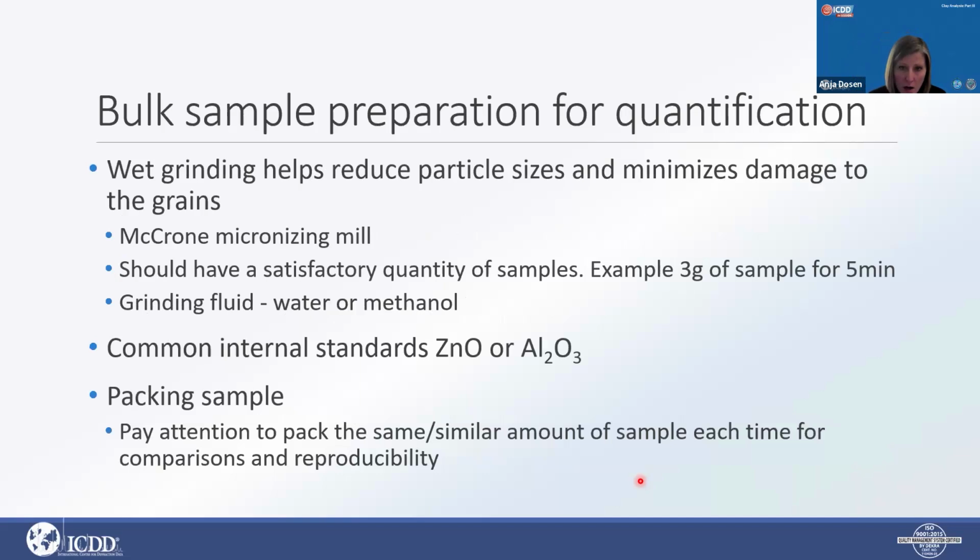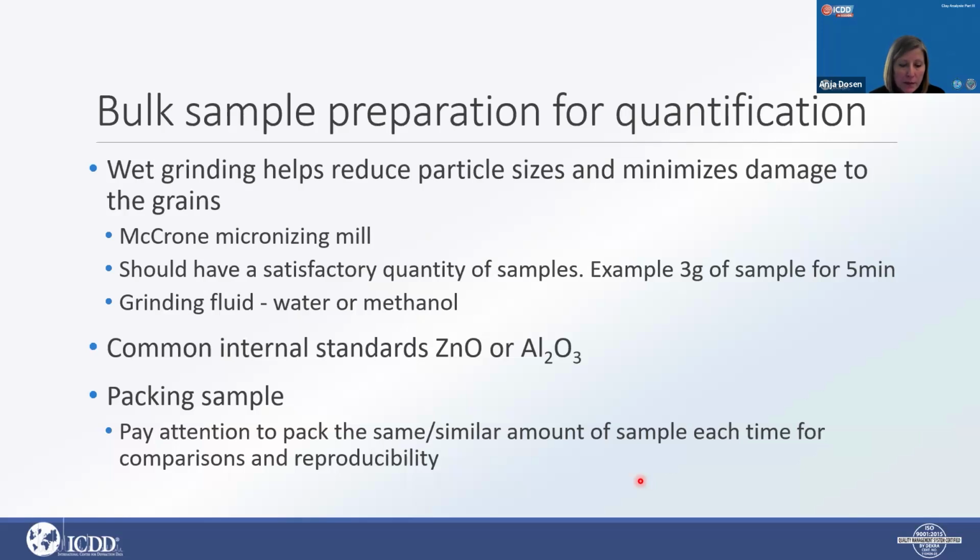We don't want to damage the minerals, especially clays. So wet grinding is something that is very good in this case. Wet grinding minimizes the damage to mineral grains, and we normally use a micronizing mill. So for this, again, you need to have a significant amount of sample.